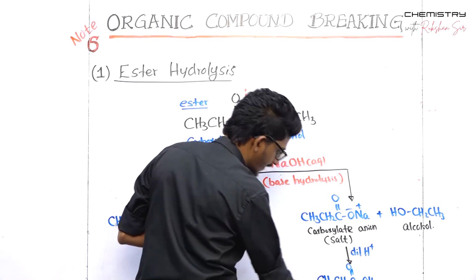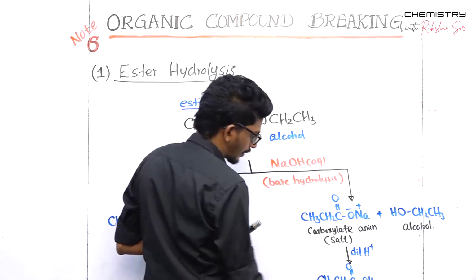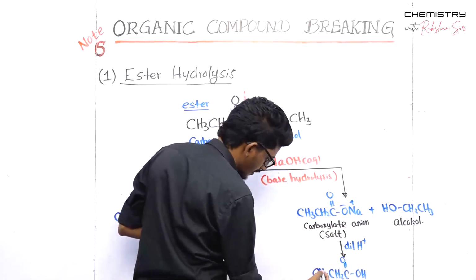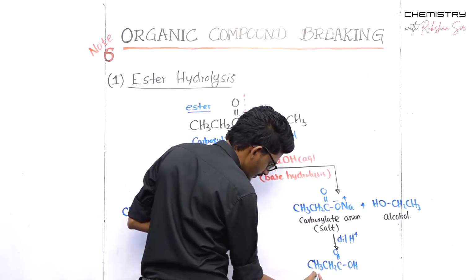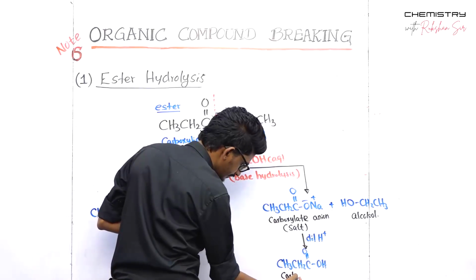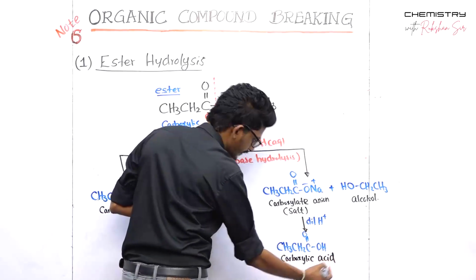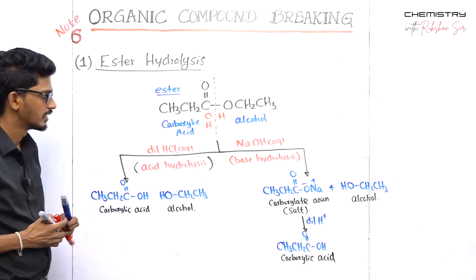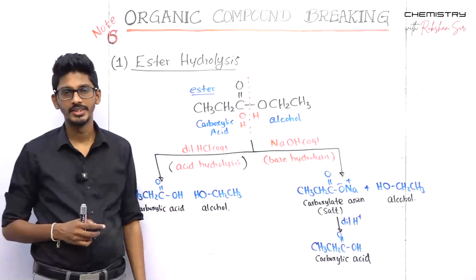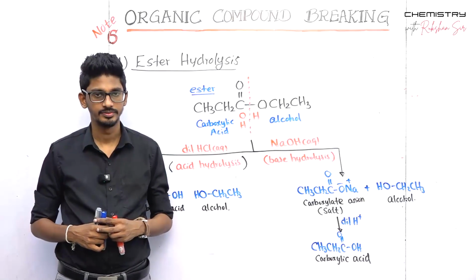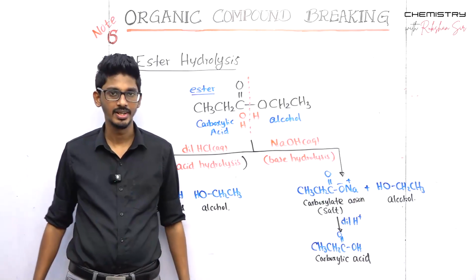So the produced salt can be converted to the carboxylic acid by acidifying the medium, right? This is the carboxylic acid, right? So this is all about the theory behind the base hydrolysis reactions of esters.